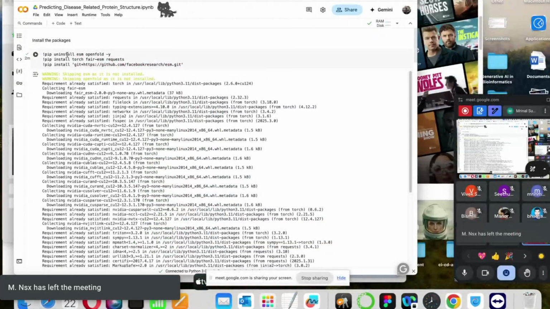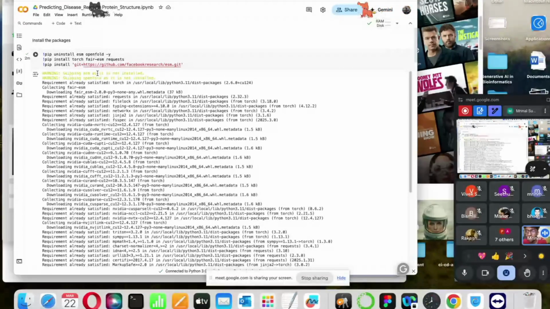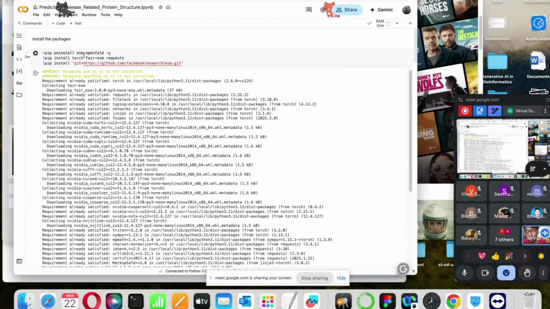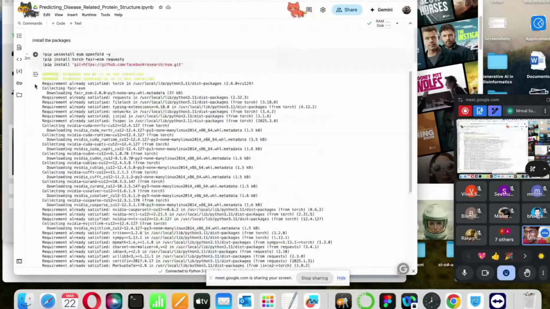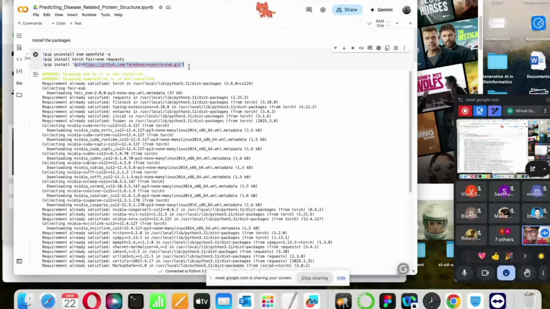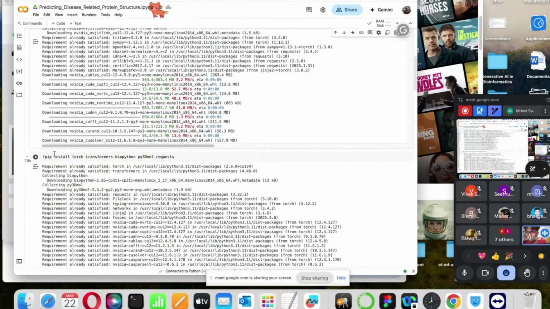So I'm installing these essential packages like ESMFold. You can do a pip install from a particular Git repository, since it is already found on GitHub. Then these are the essential series of models that need to be installed before starting the designing of the protein structure.